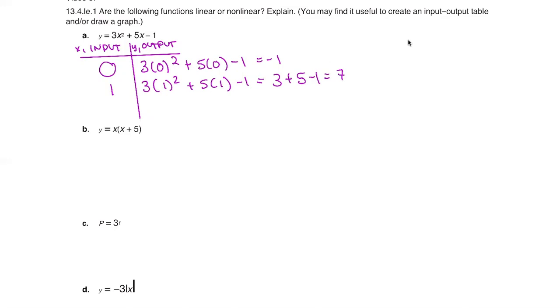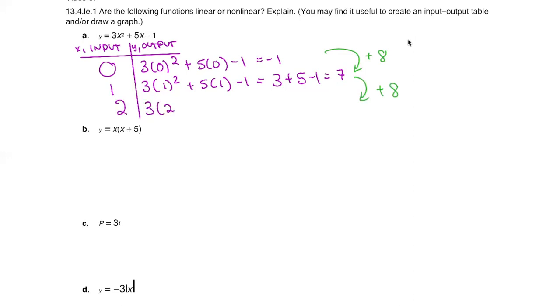Now, for this to be a linear function, consistent inputs have consistent output distances. How do I get from -1 to 7? I add 8. So for this to be a linear function, I should get plus 8 or 15 when I go to 2.